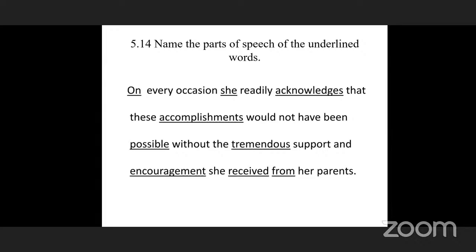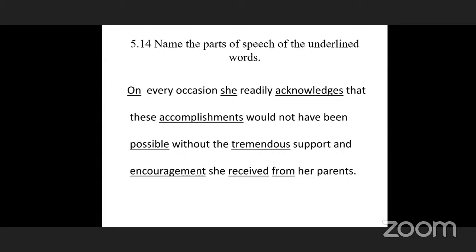If any word ends with es, most of the time it might be a noun or a verb form. In the verb form, in simple present tense, you use V1 s/es. Acknowledges here is V1 s/es form, that means verb.